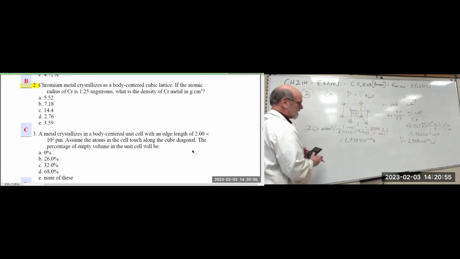So we have 2 atoms divided by 6.022 times 10 to the 23rd and times 52. So I get 1.727 times 10 to the minus 22 grams. So we need grams per cubic centimeter. We just say this divided by that, because this is the mass.